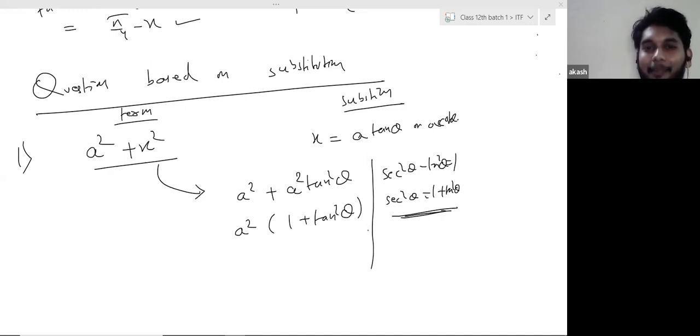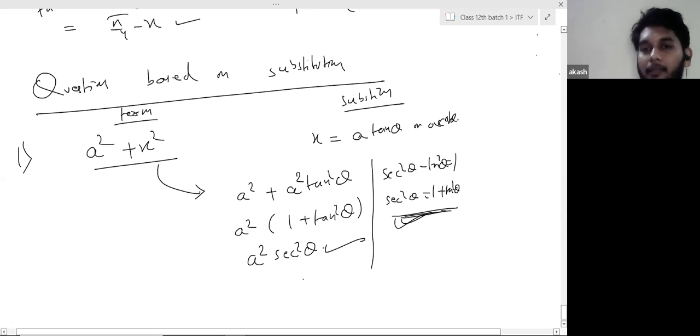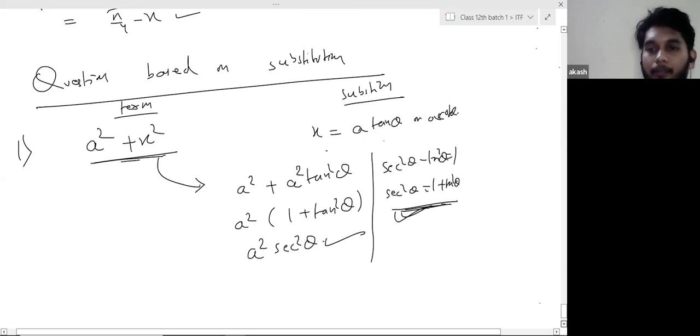In the later chapters. So please note it down, this formula, sec square theta minus tan square theta is equal to 1. So we can convert this to a square sec square theta. So this makes the question very easy. So if you see anywhere a square plus x square, you can put x equals a tan theta or a cot theta. Same thing with cot theta.